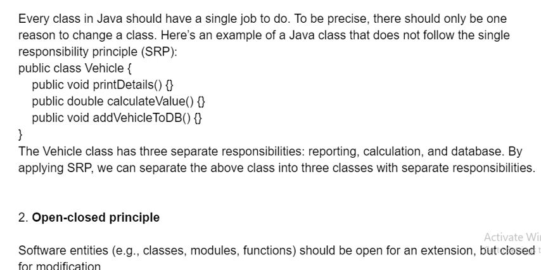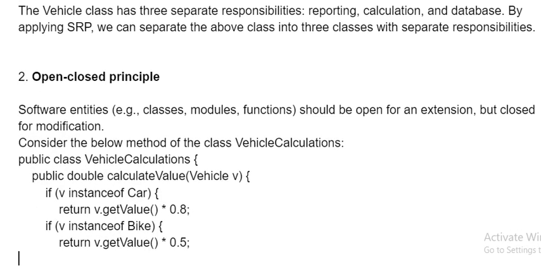It has multiple responsibilities given to it, so it is not obeying single responsibility principle. What we can do here is, instead of putting these 3 different functionalities in the same class, we can have 3 separate classes to work with.